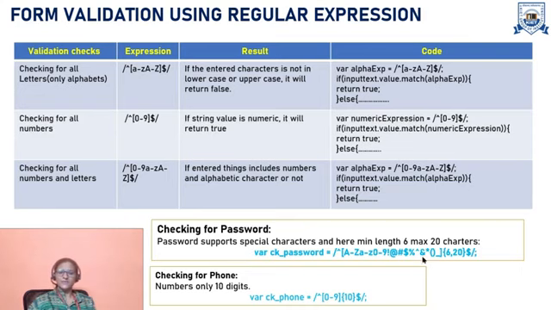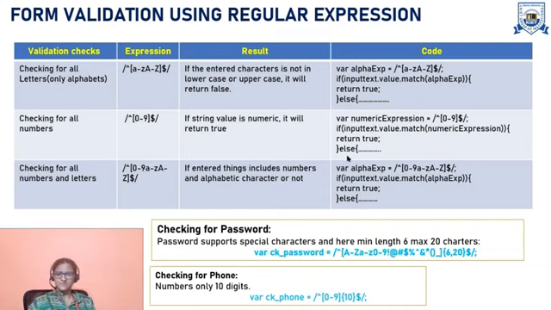And we have given the condition that minimum length will be 6 and maximum length will be 20. So we can give it like this: variable name, and this is the pattern which is provided between the slashes. This is for the starting, this is the symbol for the end, and between these we have given the condition that must match.